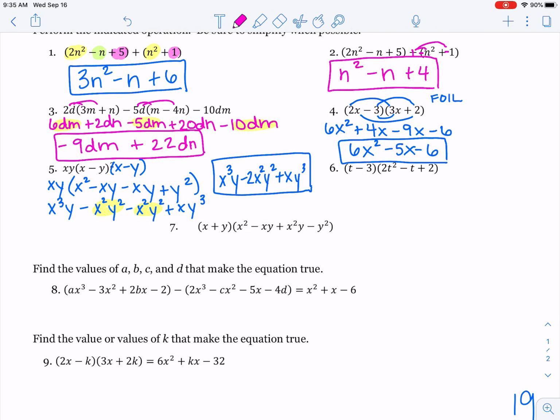So again, just adding, subtracting, and multiplying today. And number 6, I have a binomial times a trinomial. So I'm going to start by distributing just the t to everything.